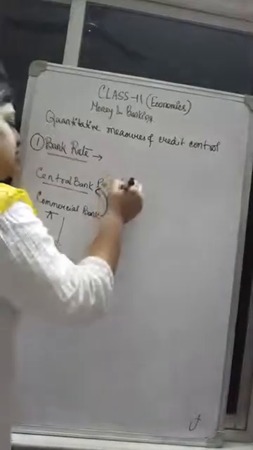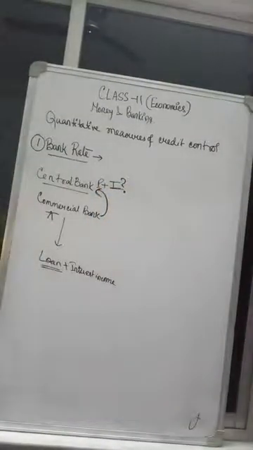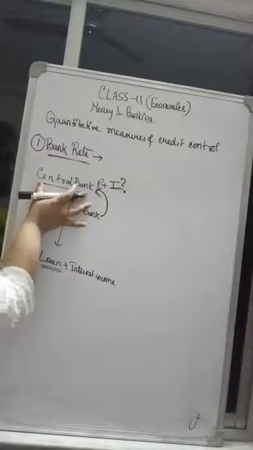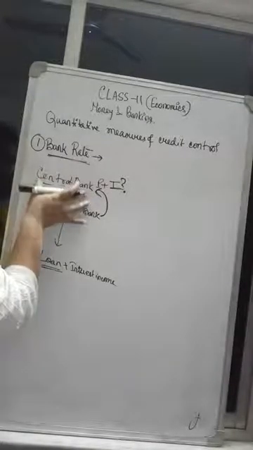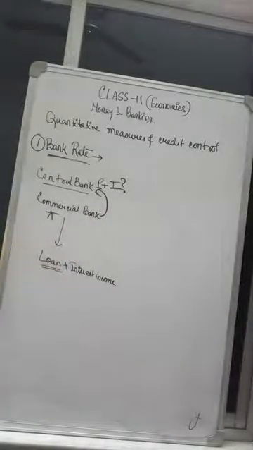So how much interest is charged basically signifies the cost of loan. Bank rate is the rate of interest which the central bank charges on the commercial banks for giving out loans. So it is also known as the cost of loan.